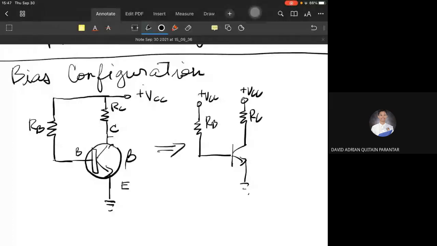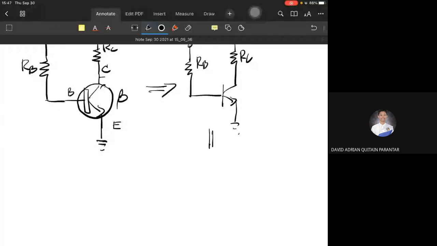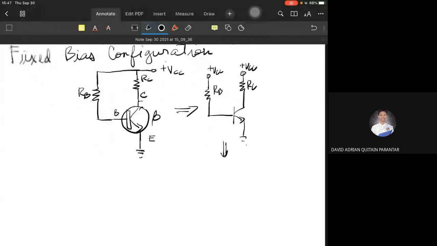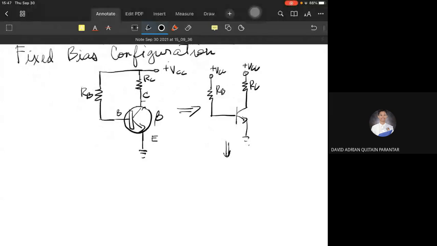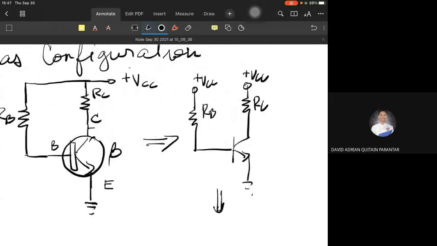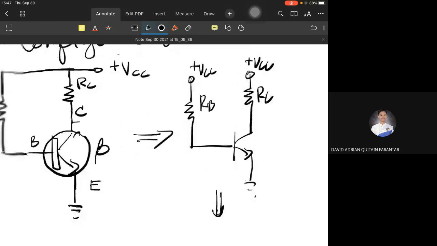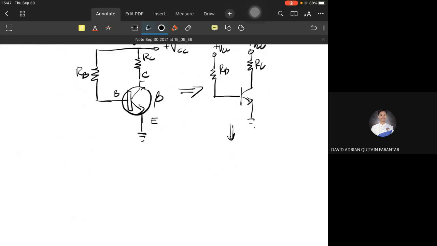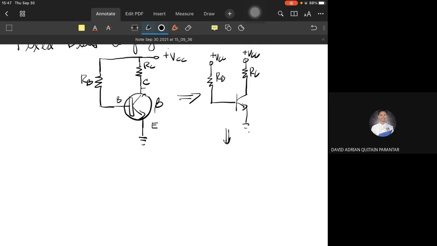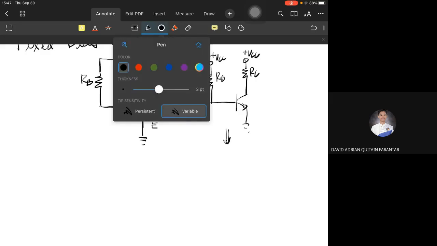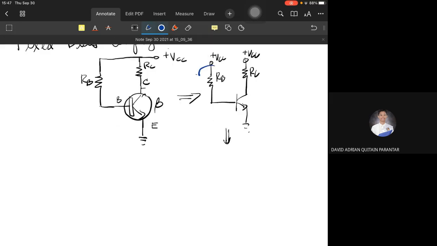So we can withdraw this even further, especially if we know that the source is described this way, we can put the symbol for a DC source. I just bend this one over there, and the same for VCC, I just bend it over there.